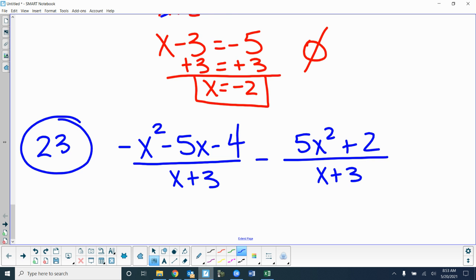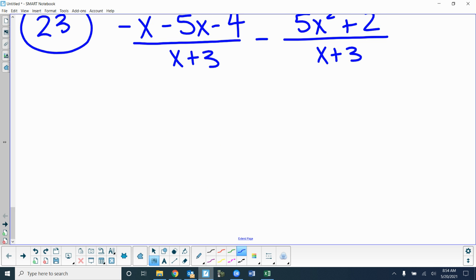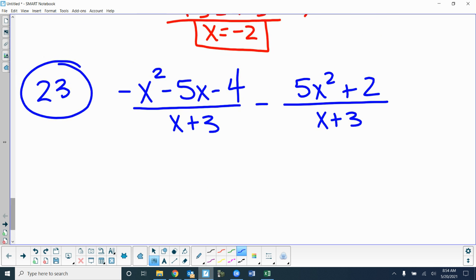All I have to do is what? Just subtract. So what's -1x squared minus 5x squared? -6x squared. -5x minus nothing, -5x. And -4 minus 2 is -6.